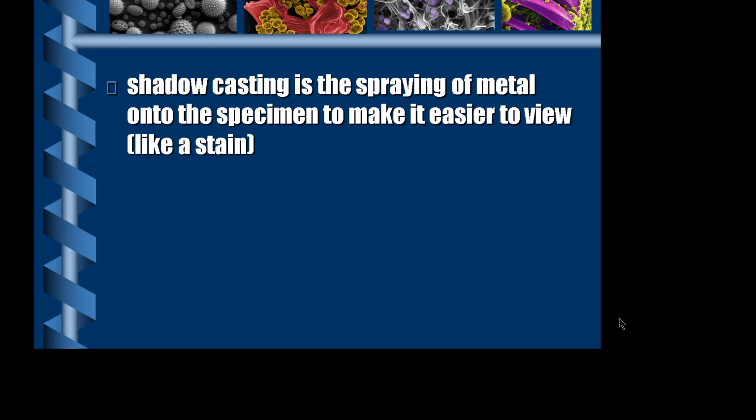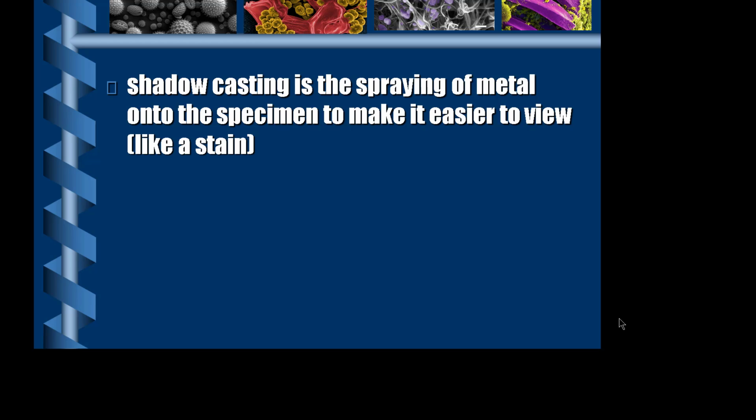So about the best description I could give you of this is it's kind of like spray painting something, and the paint is made of metal. So you spray the organism with this metal, and the reason that helps is because the electrons bounce off of metal better.